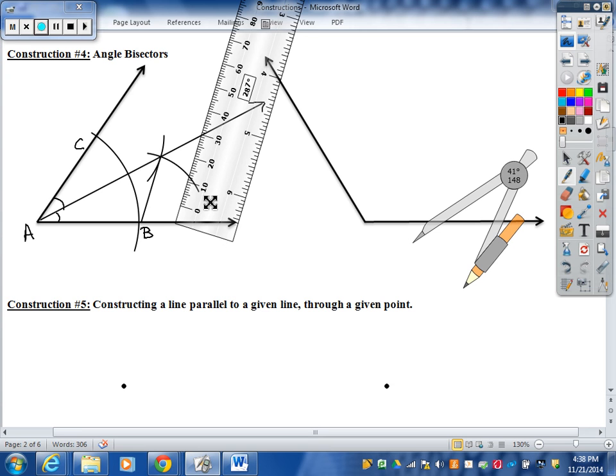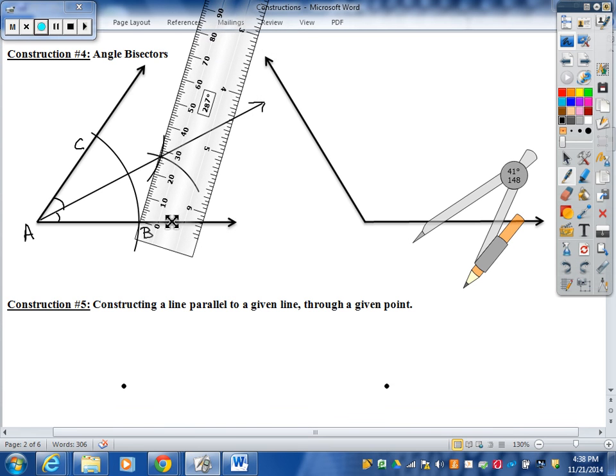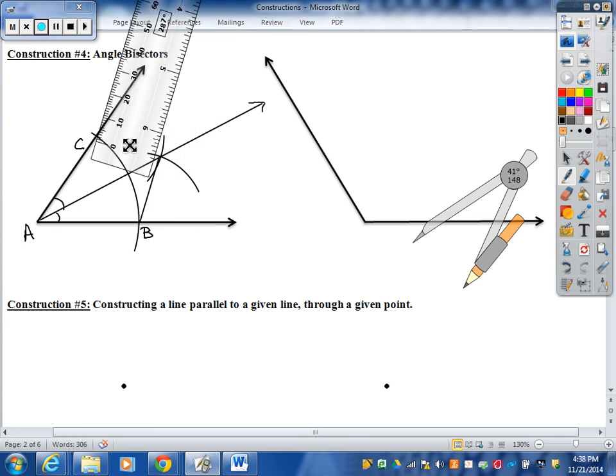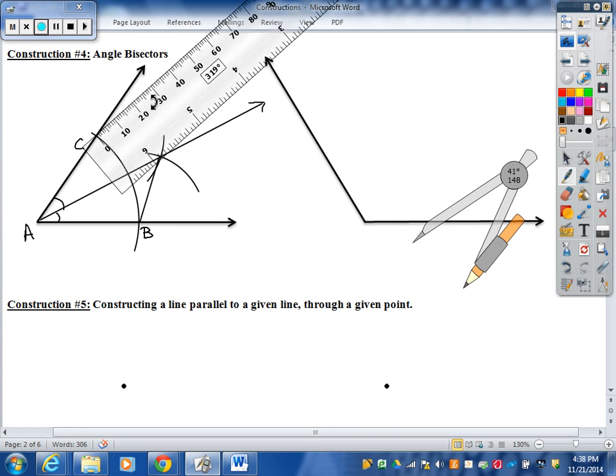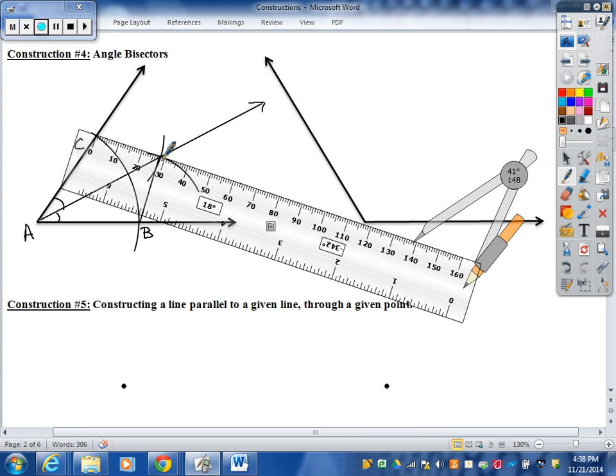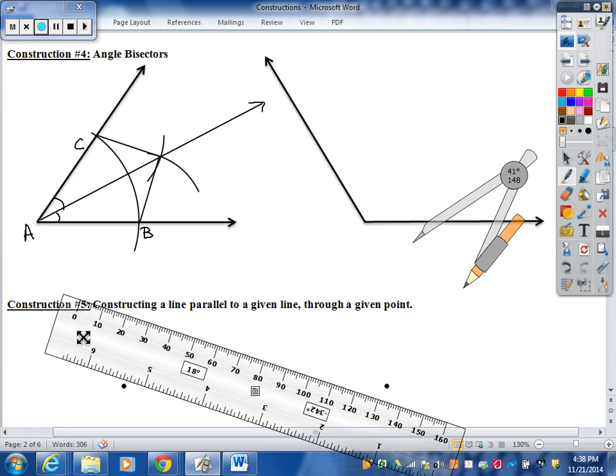Oh, that didn't work out so well. Try that again. Okay, point B to the intersecting arcs, and then point C up here to the intersecting arcs. Okay? And I'm going to label that point D.